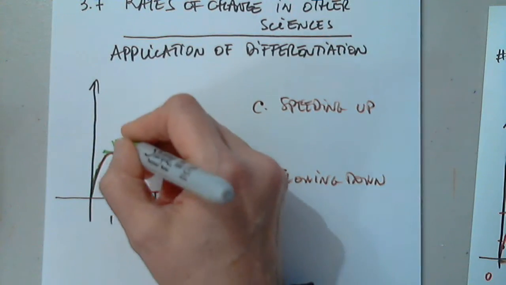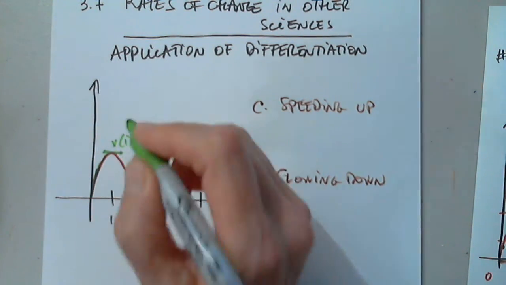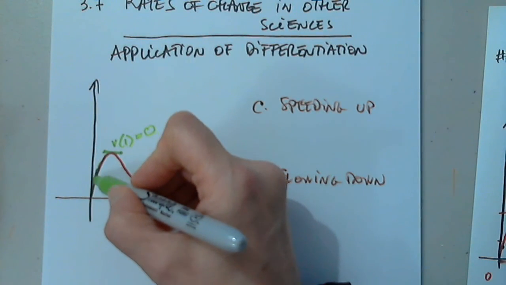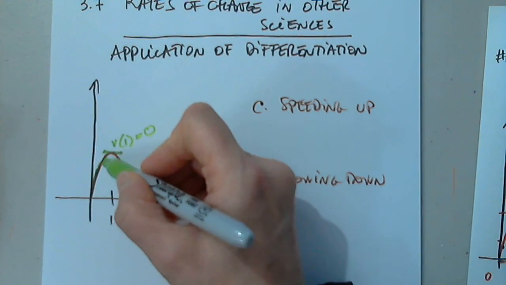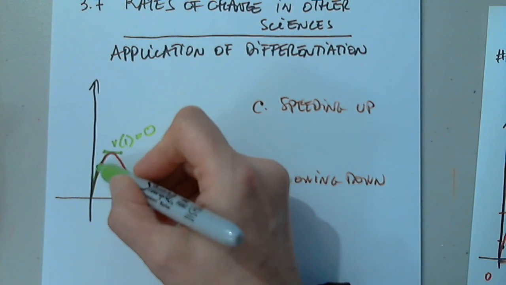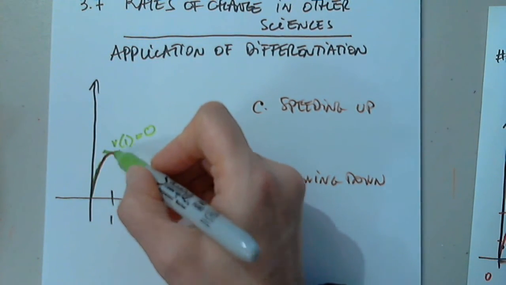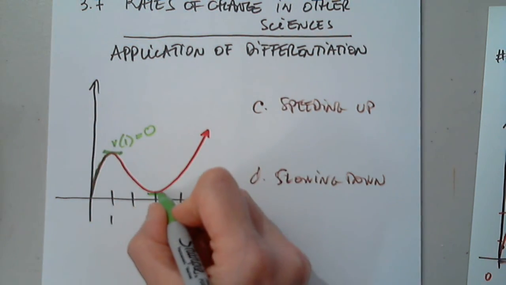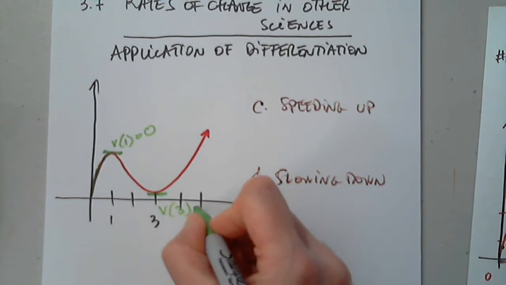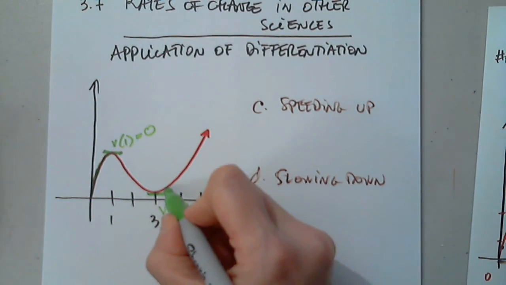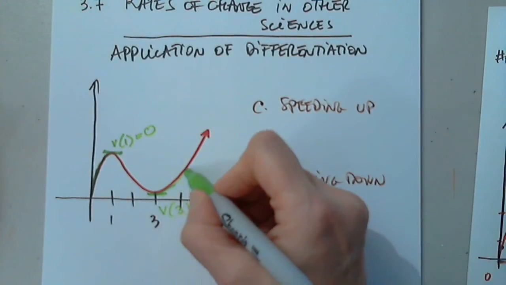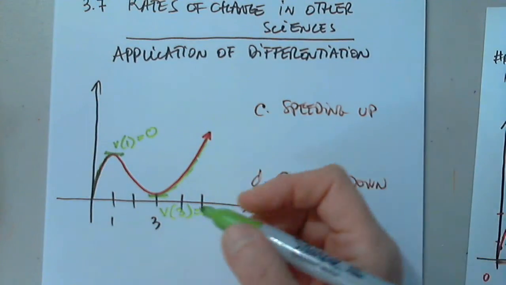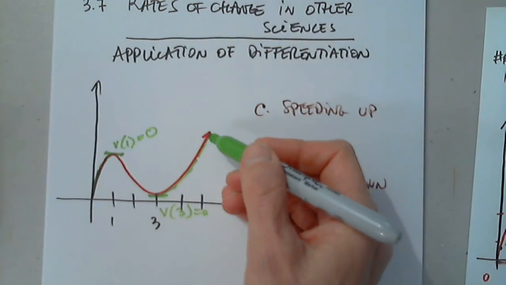The velocity at 1, v of 1, is 0. So the particle is slowing down. This is big slope, smaller slope, smaller slope till 0. I'm jumping. Here, the velocity at 3 is again 0. So then it's this slope, and then this slope, and so on and so forth. Obviously, this is increasing.